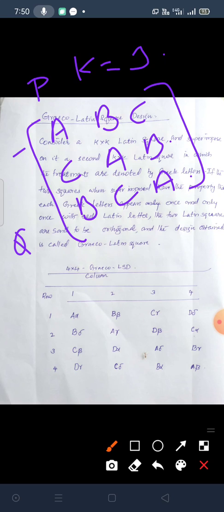Levels of Q are represented by rows, and levels of P by columns. So this is a general setup for a Latin square design.